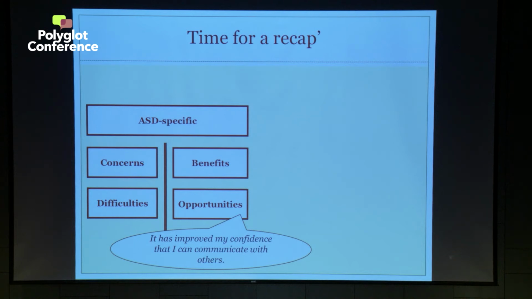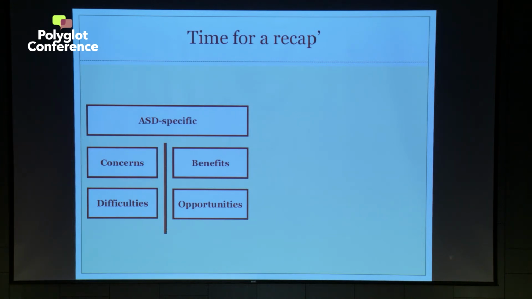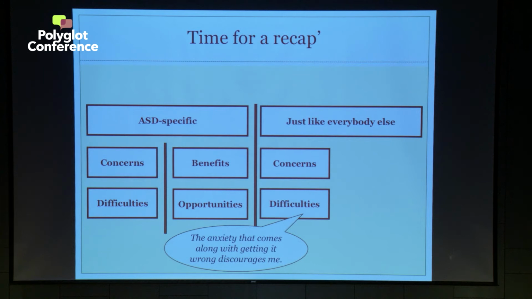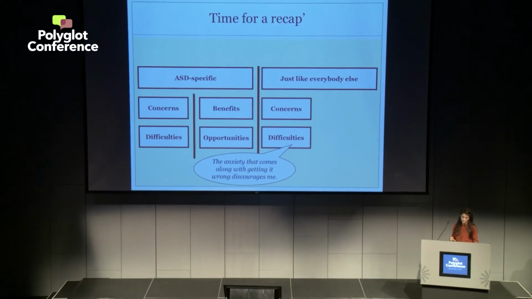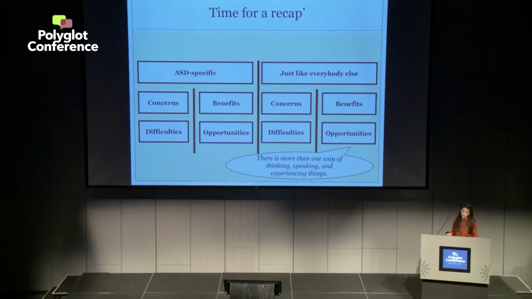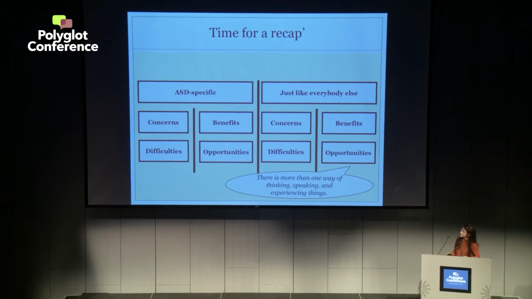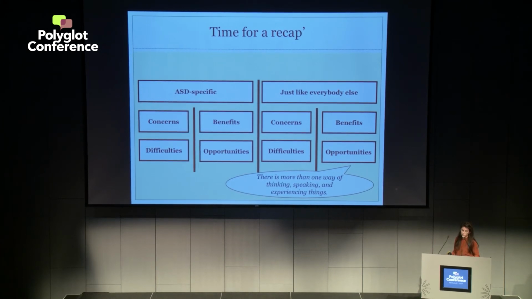But I'm sure that you noticed that there were many things that were just common to everybody: concerns and difficulties that everybody who learns languages can experience, like "the anxiety that comes along with getting it wrong discourages me," or benefits and opportunities for anyone who learns languages, like "there is more than one way of thinking, speaking, and experiencing things." Everybody who learns a second or third language learns that as well.